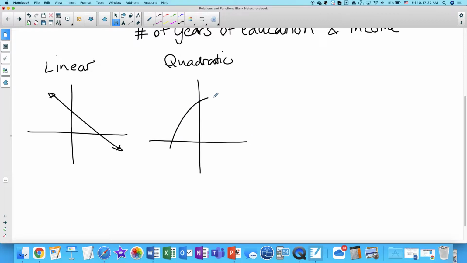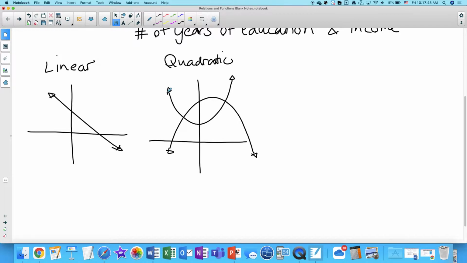So it might look like that. Or sometimes, I would say half the time, they can go the other way as well, open up or open down. So those are a very, very important type of relation because they can model so many things in the world. What else do we look at?